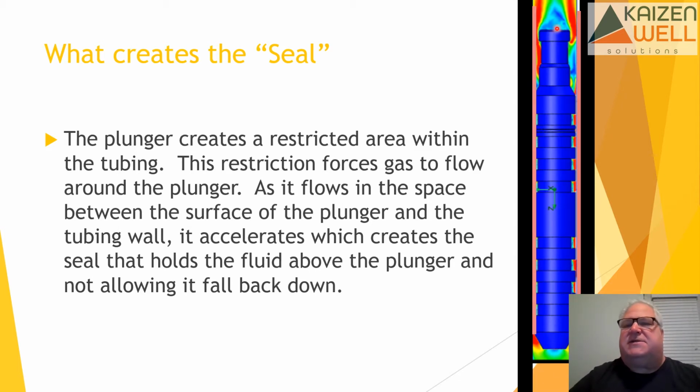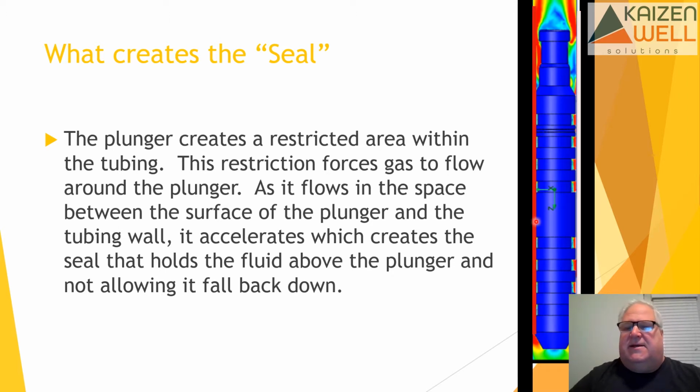So we need 173 pounds of differential to basically equalize that weight. And then of course you've got to get it moving. So you might require closer to a 300 psi differential in the well casing to tubing in order to lift that fluid.